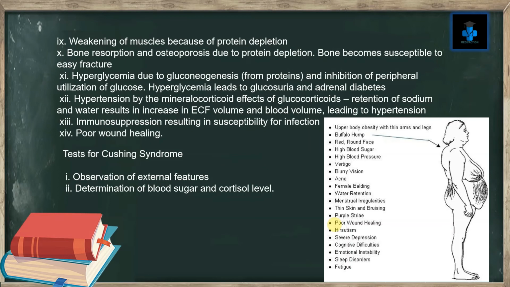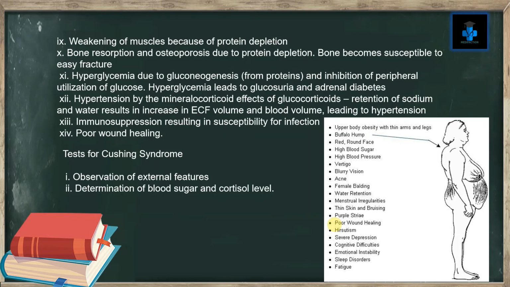Hyperglycemia leads to glycosuria and adrenal diabetes. 12. Hypertension by the mineralocorticoid effects of glucocorticoids. Retention of sodium and water results in increase in extracellular fluid volume and blood volume, leading to hypertension.